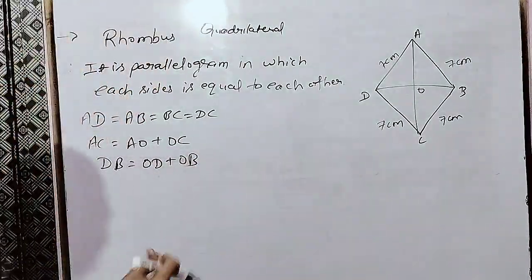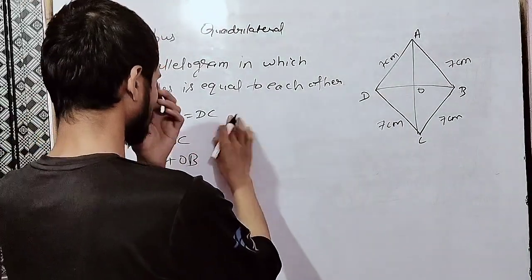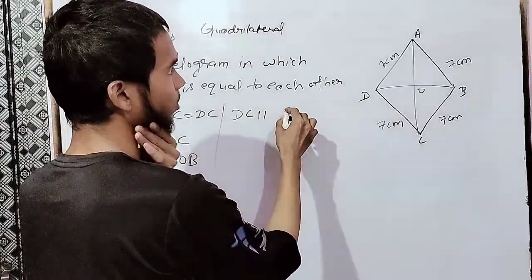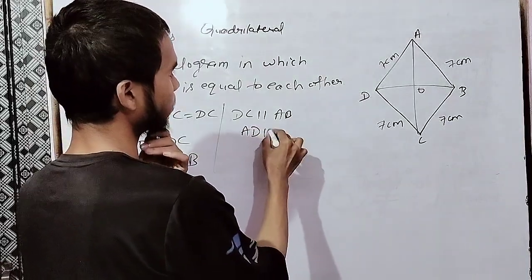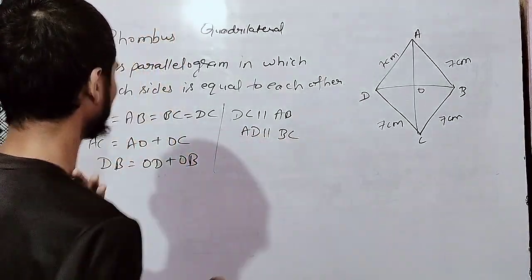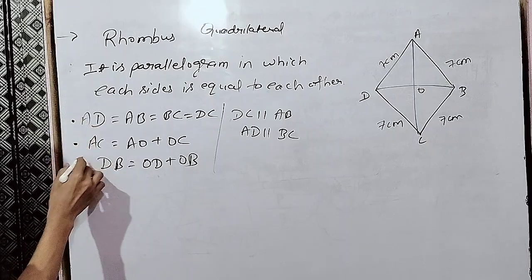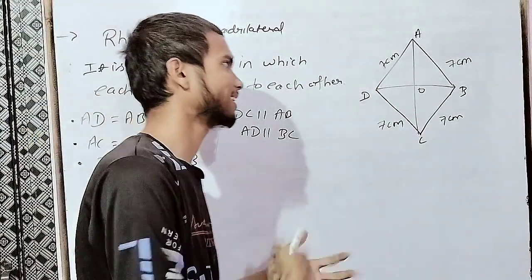Then what else? We can say AC is perpendicular. This is parallel to AD, and AD is parallel to BC.